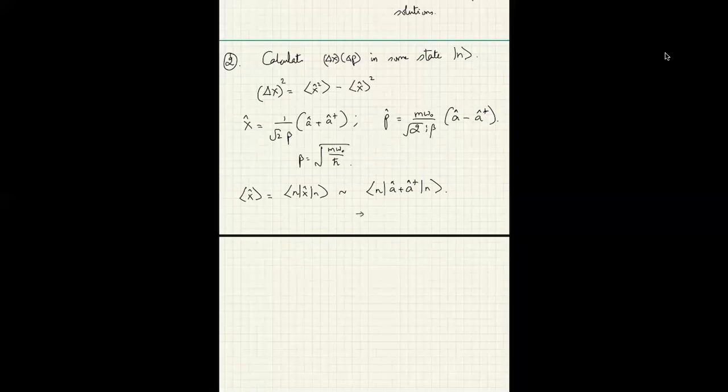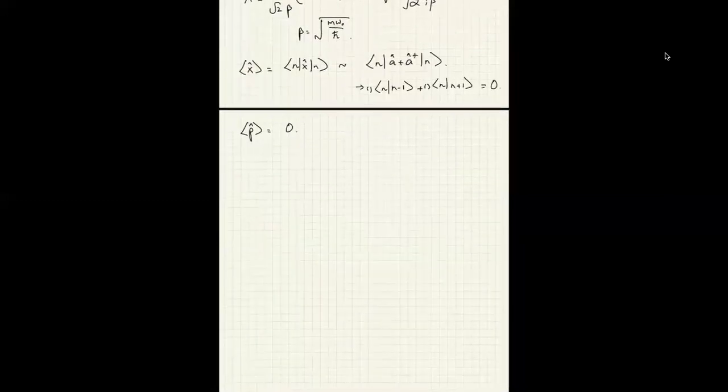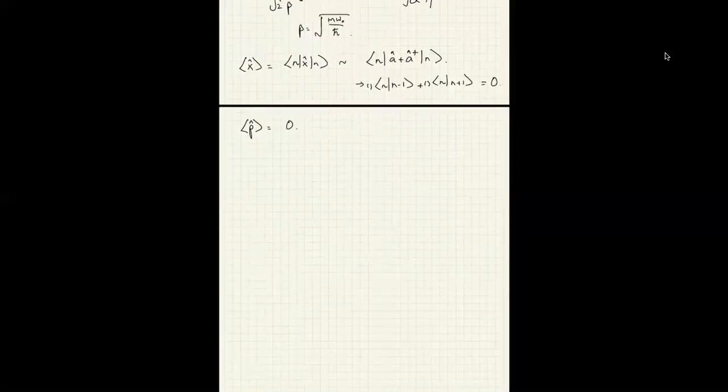So this has two terms, n minus 1 plus n plus 1 with some constants, but both are equal to 0 because the states are orthogonal to each other. For the exact same reason, the expectation value of p is also equal to 0. So our only task is to calculate the expectation value of x square and p square.